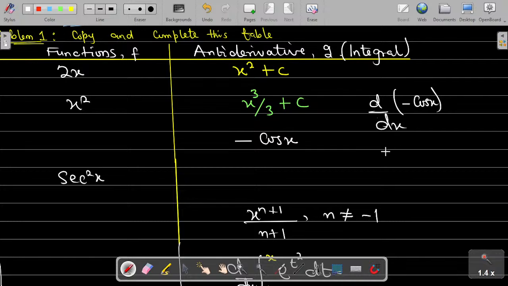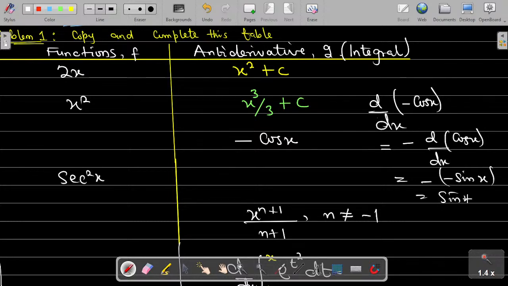And like I said, under that integral, the minus sign can also come out. So you have minus of the derivative of cos x. And remember we said the derivative of cos x is minus sine x. If you do minus minus, that's going to give us sine x.